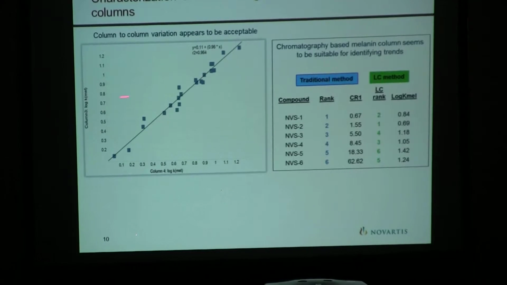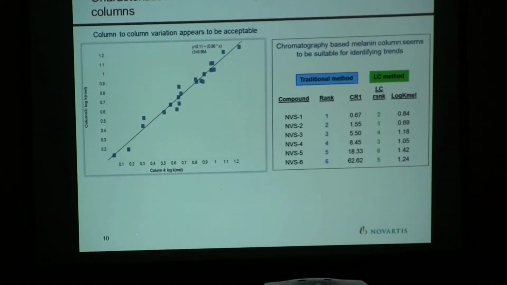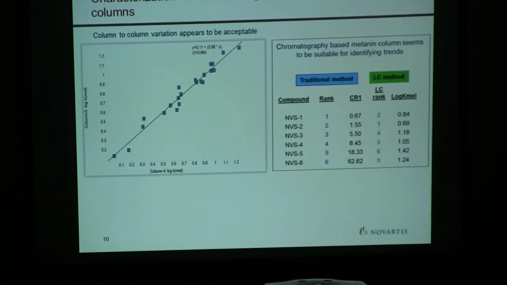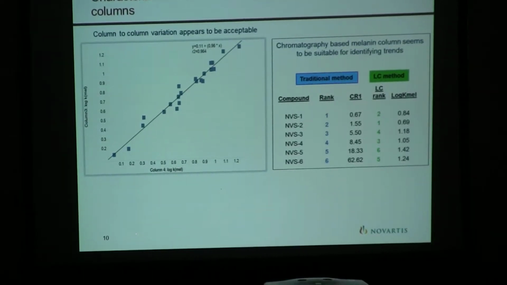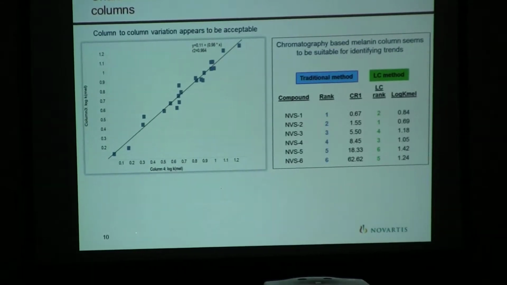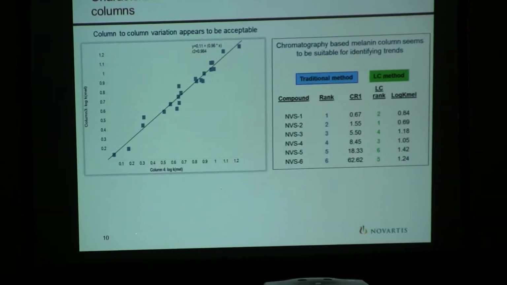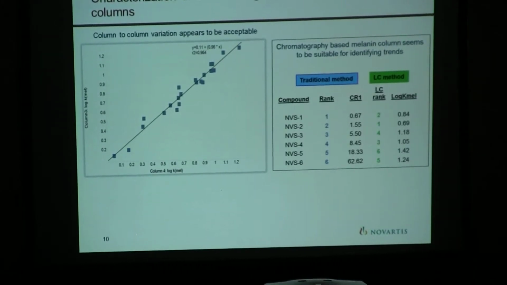I have data here for column 3 and column 4, but we have tried 5 to 6 different columns, and we see good correlation between 2 different columns for the same compounds. So we have good confidence that the columns we prepared and the way we are running the assay make it a robust and reliable assay. We get similar numbers no matter what columns we use.